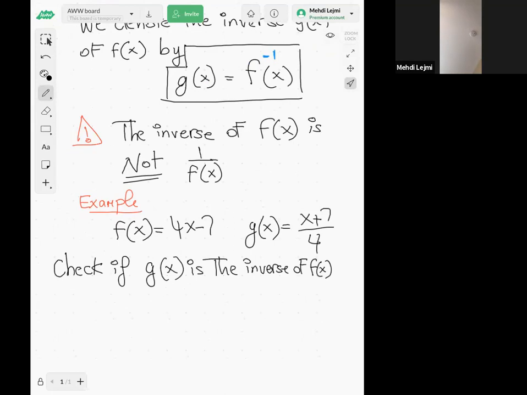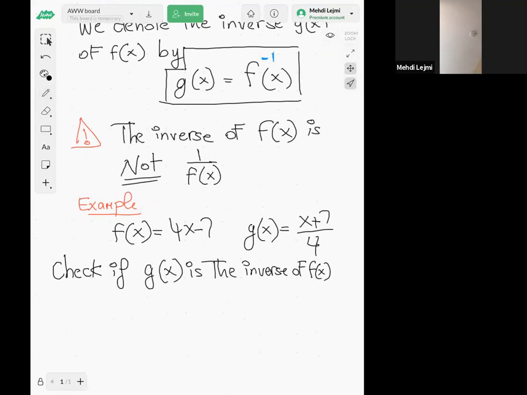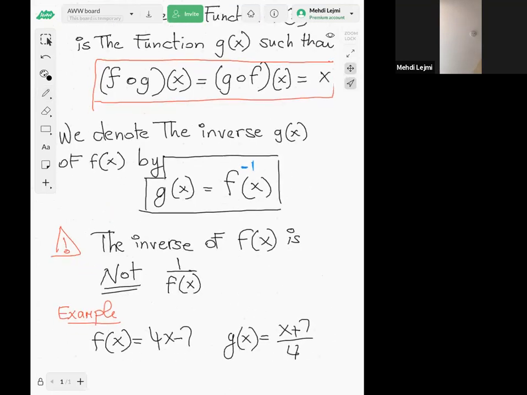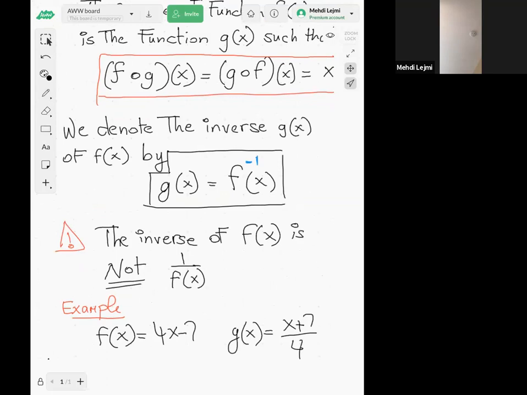How do we check if g is the inverse of f? Again, we have to use the definition. The definition says in order for g to be the inverse of f, you need f composed with g to be equal to x, and you need g composed with f to be also equal to x, right?